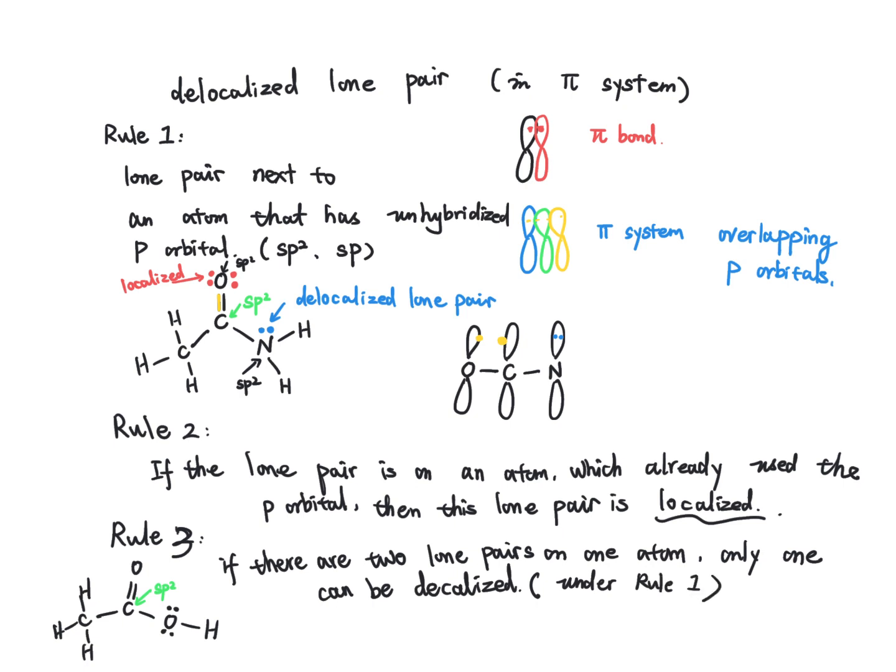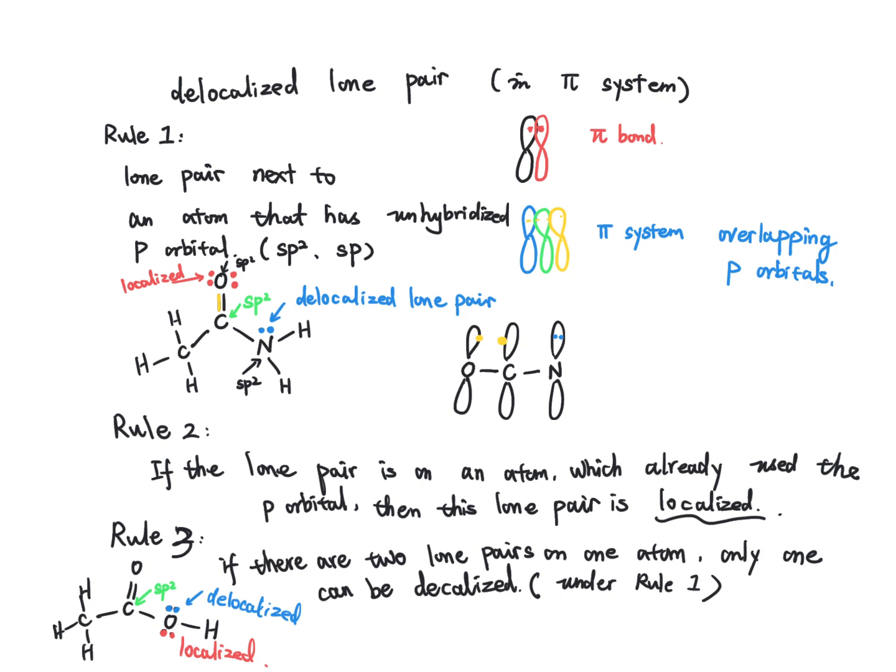Under rule 1, this oxygen's lone pair is next to an sp2 carbon, so it can be delocalized. Because there are 2, only one can be; I'm highlighting the top one, but you can highlight the bottom one as well. Because this one is delocalized, the other one has to be localized, meaning it's sitting in the hybrid orbitals. So these are the rules you can apply to determine if a lone pair is delocalized or localized.